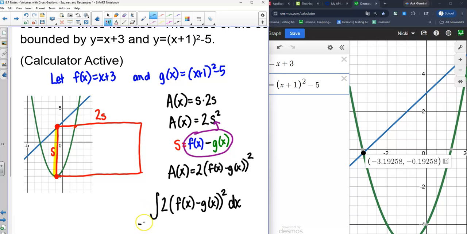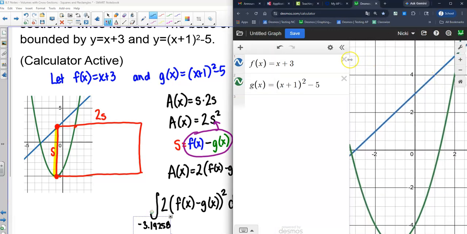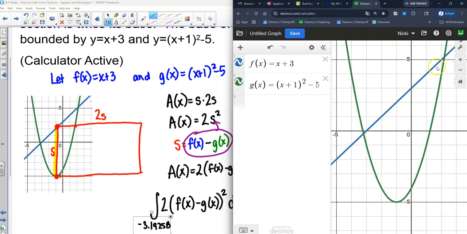So I got negative 3.19258. Make sure you're using the x coordinate here because we're in terms of x, right? And then over here, I need this intersection point here, and that is 2.19258.